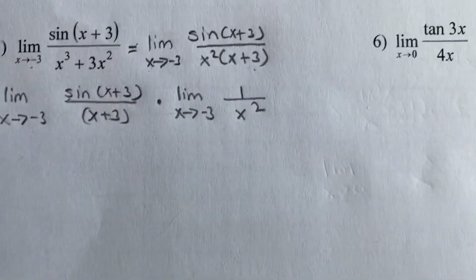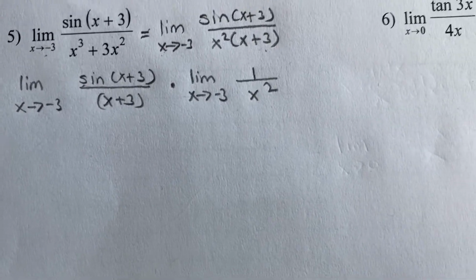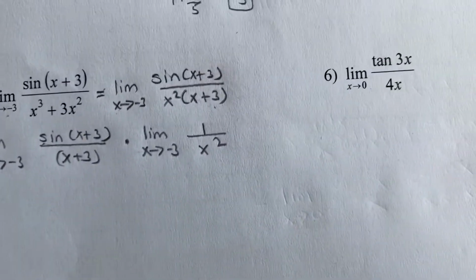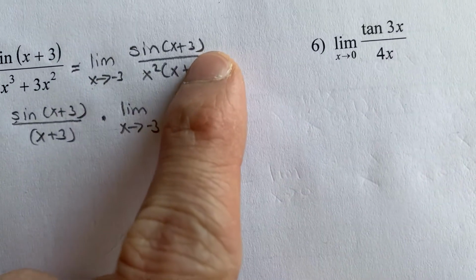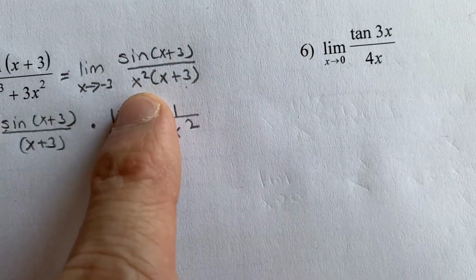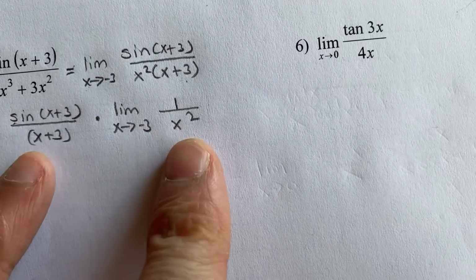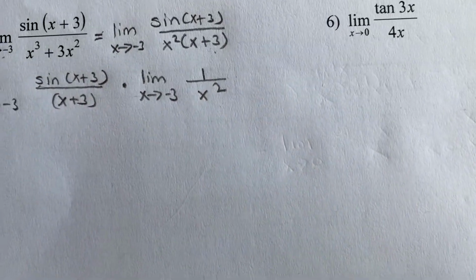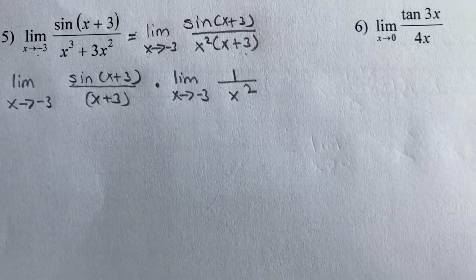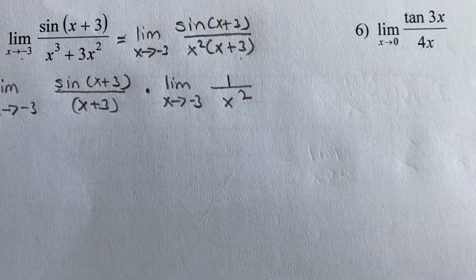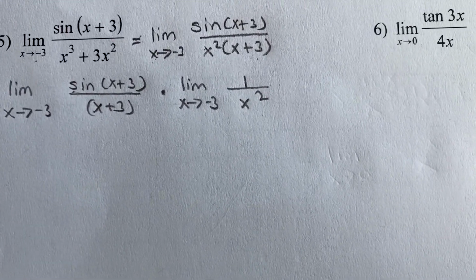Just pause that for a minute and see if that makes sense. Basically, this is a product of sine of x plus 3 over x plus 3 times 1 over x squared. I split it up as a product, and I just took the limits of each individual factor, if you will. It's called the product rule of limits. It's rule number 3 on page 755 in your textbook.